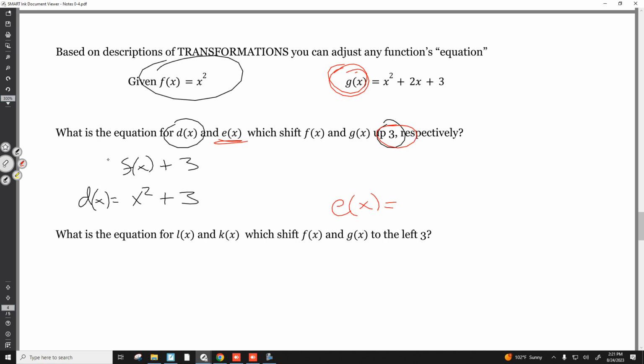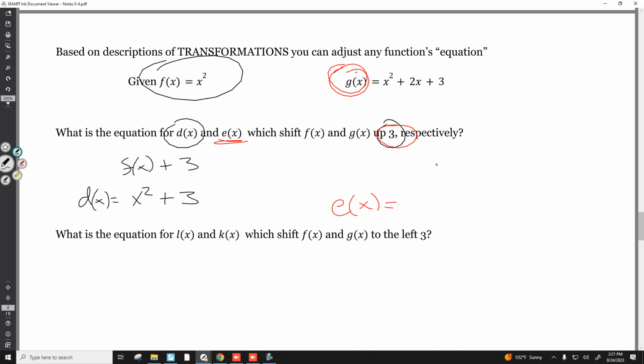I'm taking the graph of G. I'm shifting it up 3. What do you think you're going to get? Ready?